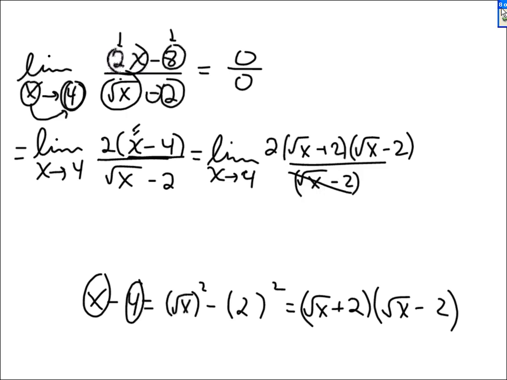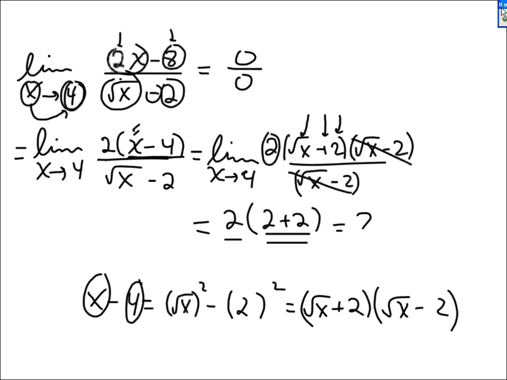And this cancels out, so you directly substitute. It's 2 times what's in the brackets. Square root of 4 is 2, plus 2. 2 plus 2 is 4. 2 times 4 is 8. So here, 0 over 0 equals the number 8.